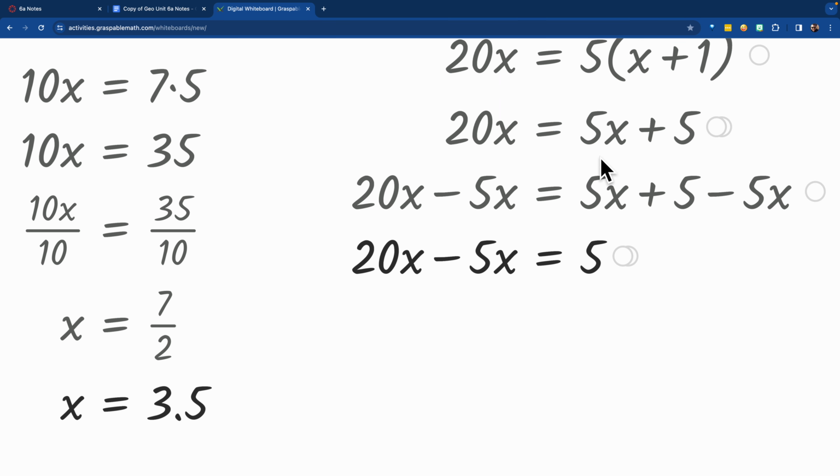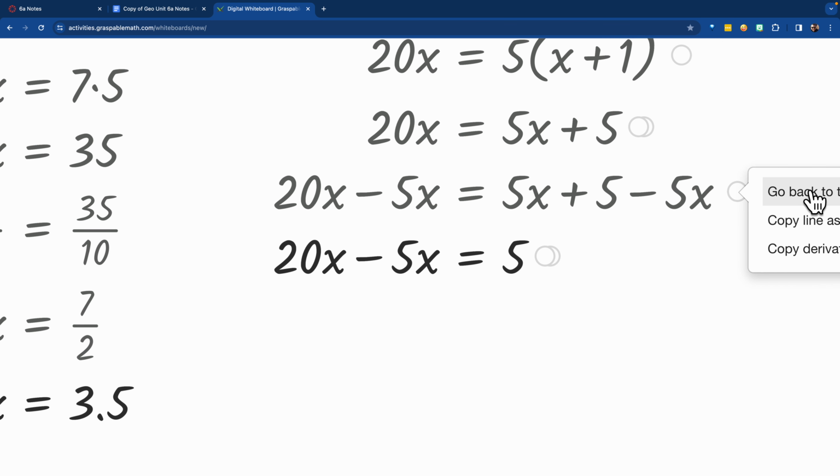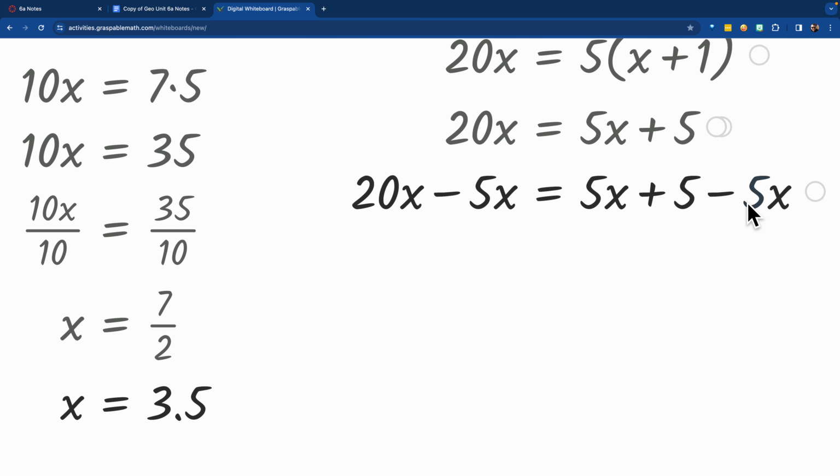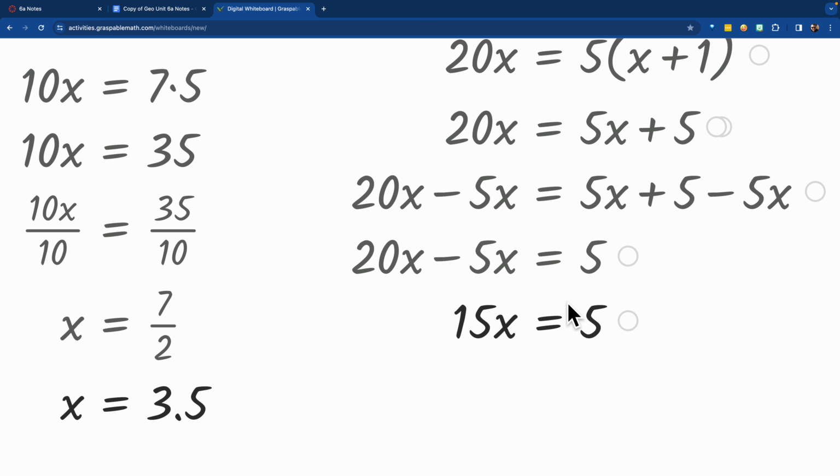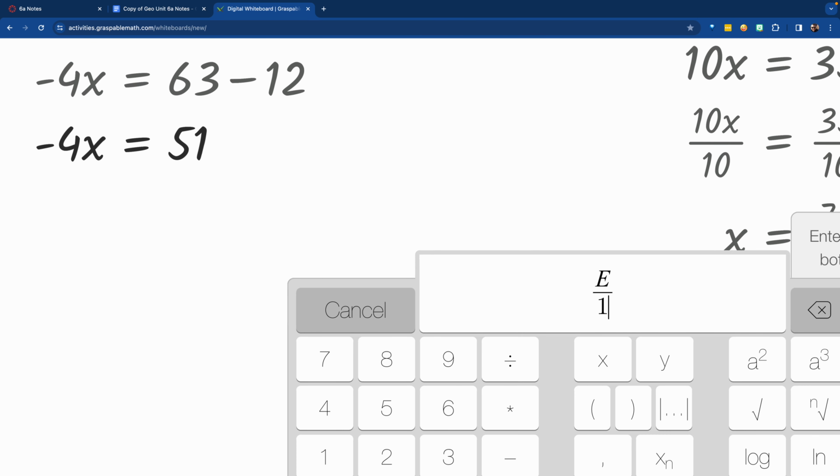Notice that I drag the minus sign to do that. If I started dragging the 5 instead, I would have to click that Alt button again to get the whole term to come with me, not just the 5. On the left side, it's already set up that I can just click the subtract sign to simplify to 15x equals 5. Now I'm going to divide both sides by 15.